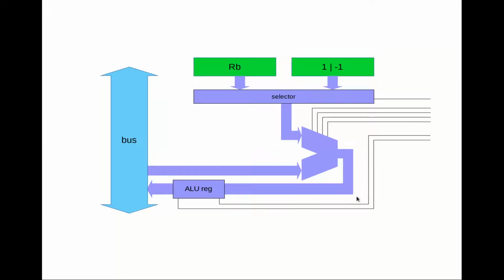So it'll assert this signal as well as a write into that register. And then in the next step, what will happen is the control logic, once the result of the addition has been latched into this register, can tell the A register to stop outputting its value onto the bus. And it can tell this register to no longer write.